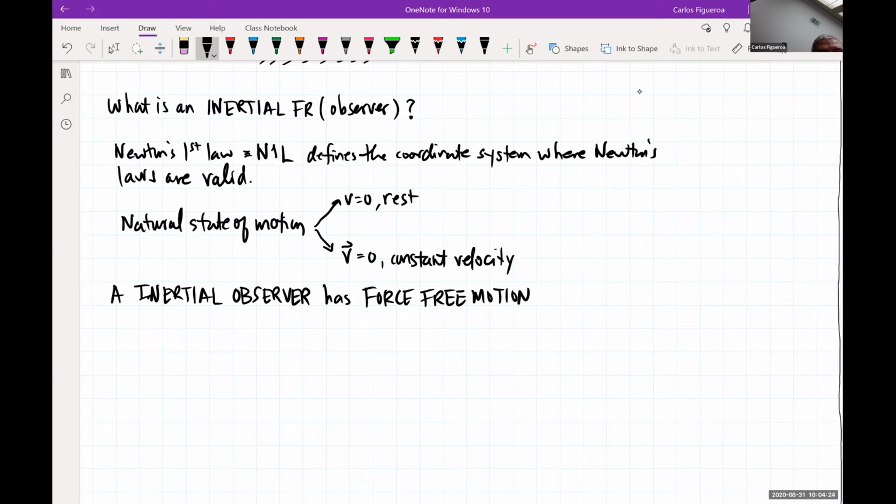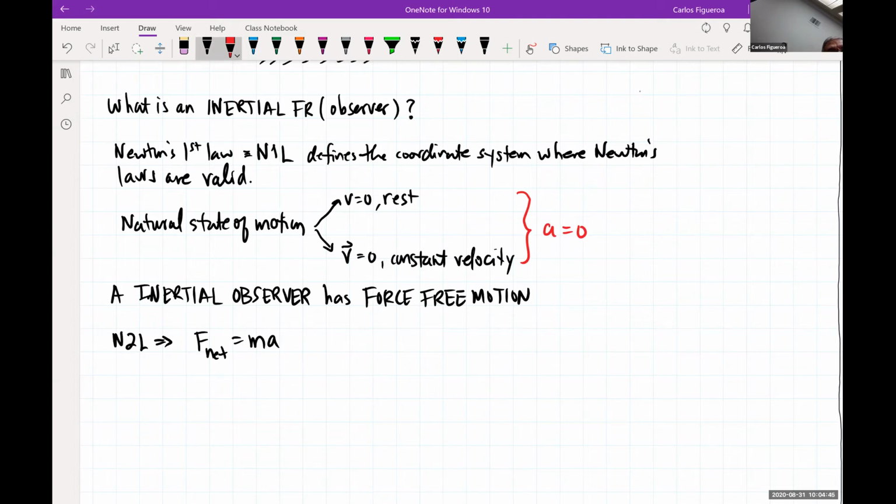So from Newton's second law, what we say here is that the net force must equal mass times acceleration. But if you look up here, the acceleration in each of these cases is 0.